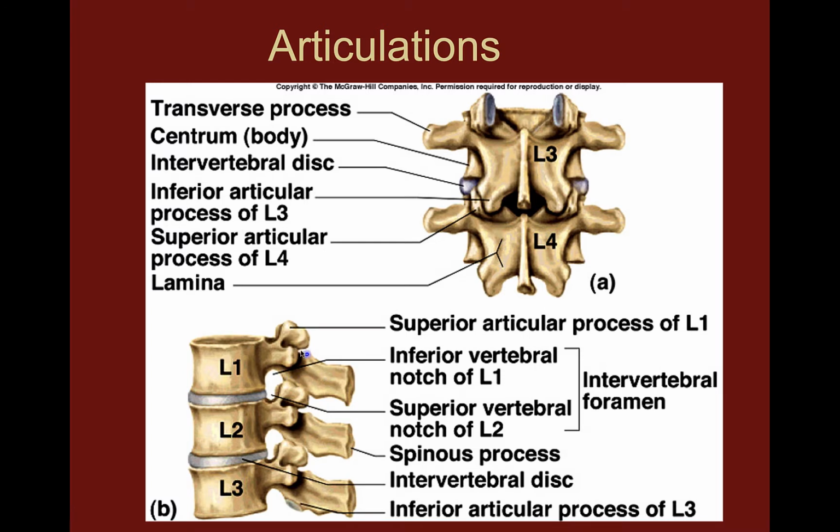But when L1 and L2 vertebrae are articulated, we see that the inferior notch of L1 and the superior notch of L2 form what's called our intervertebral foramen, or the hole. A foramen is a hole in bone, a hole that is between, inter is between the vertebra. So the intervertebral foramen is where our spinal nerves will come out and off of our spinal cord.